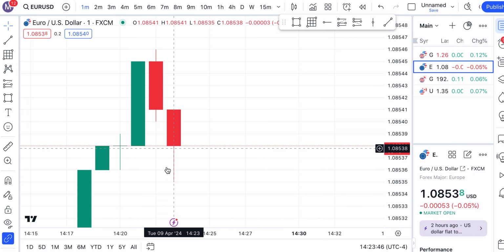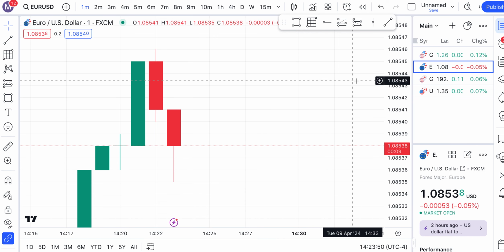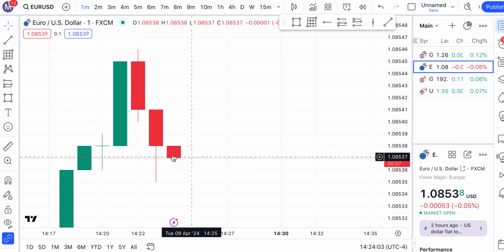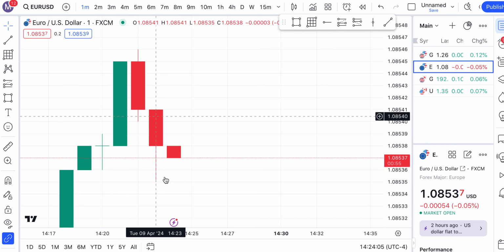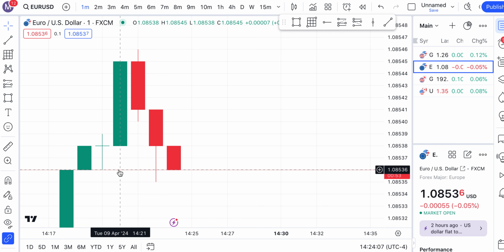And then moved back up, so it left the wick behind. And it's got 10 seconds before it closes yet. Doesn't look like it wants to move anywhere else. Okay, cool. And it closed here. Opened, came down here, but didn't want to close down here, and closed back up here.